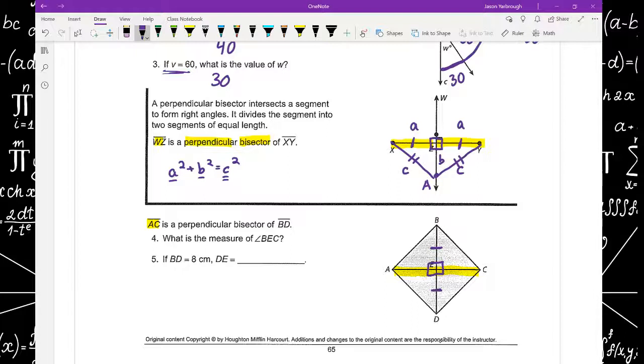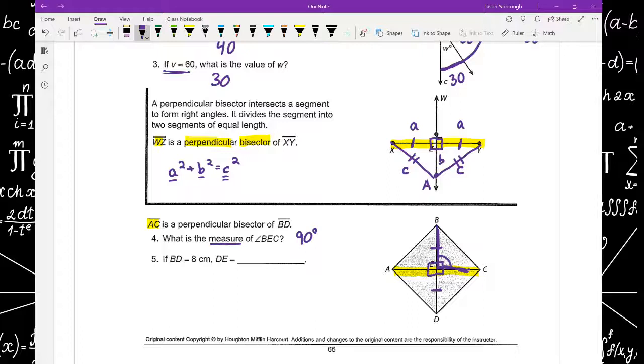So BEC, if I follow with my finger, B comes down to E, goes to C, meaning that this is the angle we're looking for. Again, since we know that it's a 90 degree angle, the measure of this angle, since that's a little m, what that little m stands for, we'll put 90 degrees.